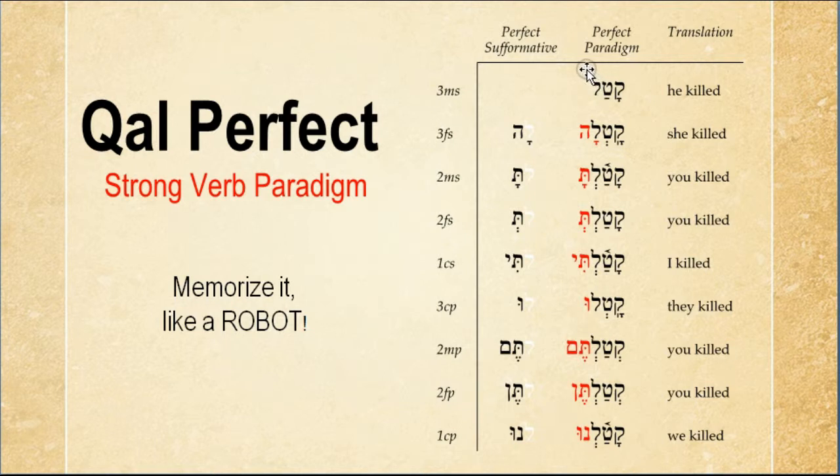I need you to know the paradigm, the forms of the verbs, the way the verb actually moves through the different persons and numbers. And the translations are important too. What's important is you know the stem, and you see the changes that are happening in the stem as the paradigm moves through the different persons.